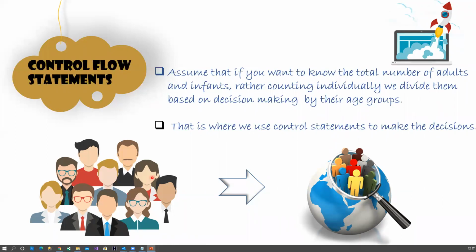For example, there is a list of people and you want to find one person based on last name, first name, age, email ID, or phone number, and you are looking for a match. The minute it matches, you come out from that list and say this is the identity of that particular person. In order to do such things in programming, we follow some control flow statements.